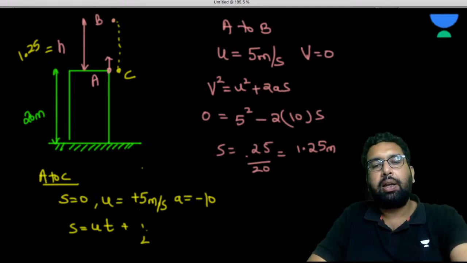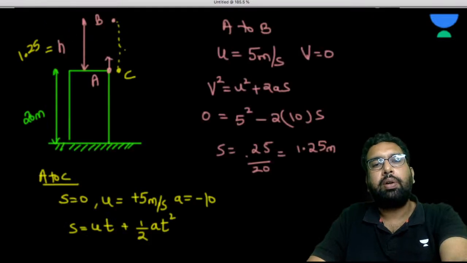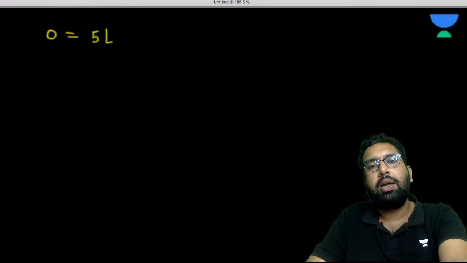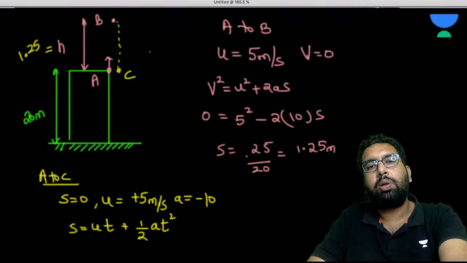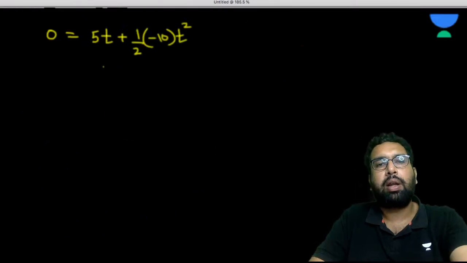So S is going to become 0, u is going to become 5t plus half, acceleration is going to be minus 10, and this is going to be t square.